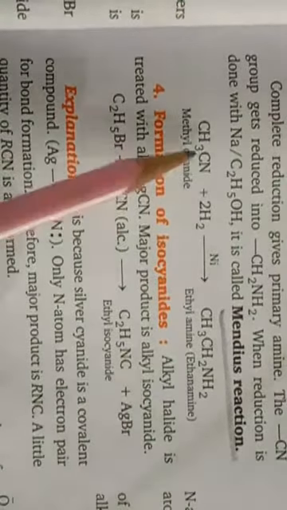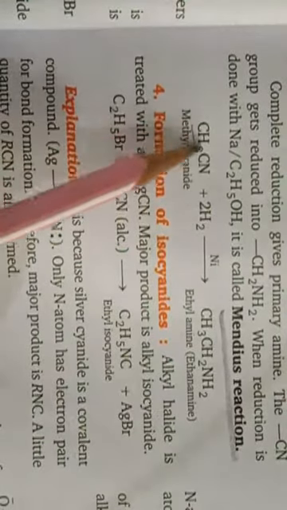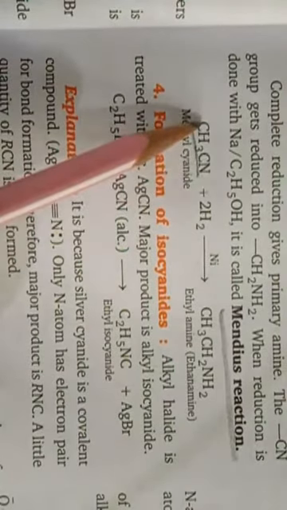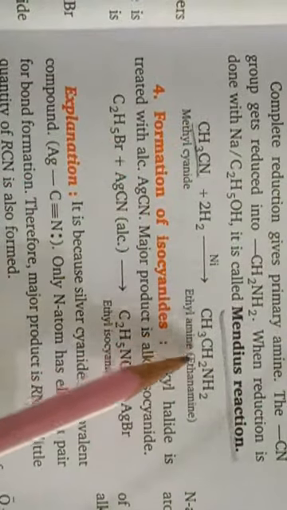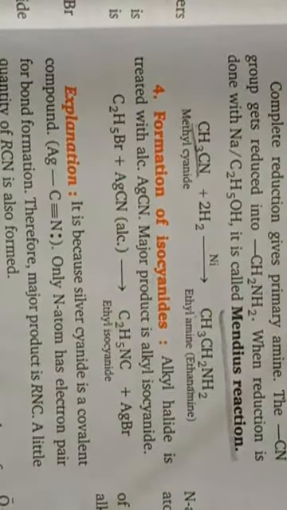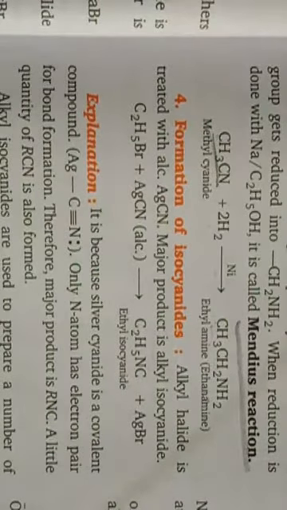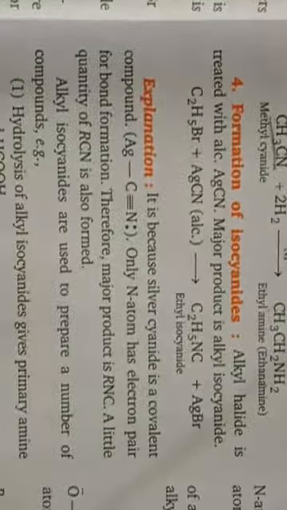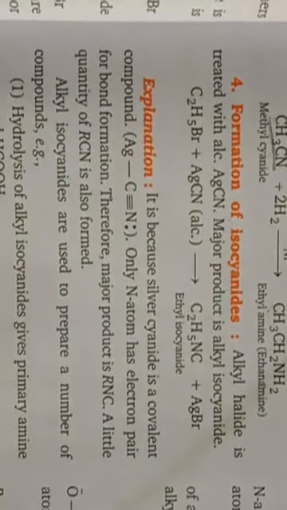Okay children, so here this nitrile has just one carbon, but here you can see that this amine has two carbons in the chain. So there is an increase in the carbon chain, ascending in carbon series.